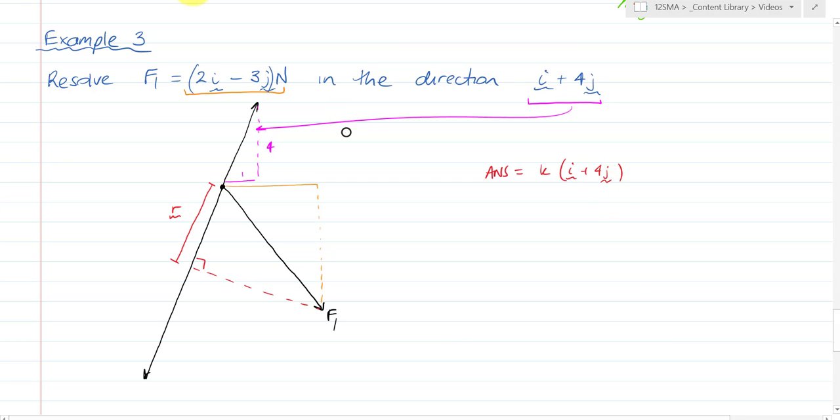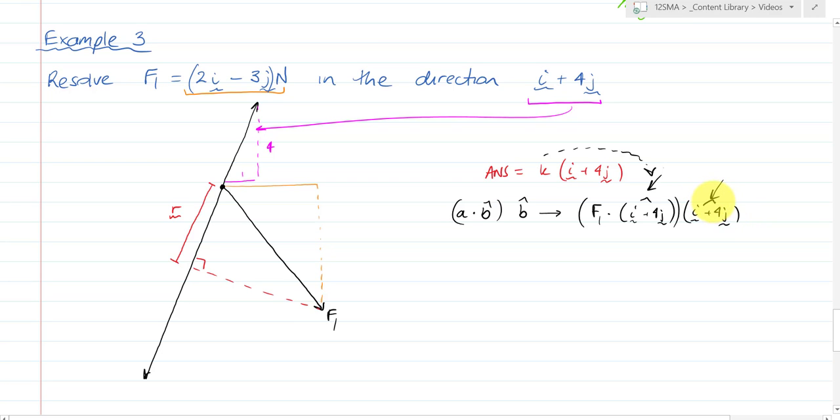There are a few different projection formulas, but here's one from the formula sheet. If we're projecting a onto b, then the projection of a on b is a dot b hat, times b hat, which is the unit vector. In this case, that's F1 dot i plus 4j hat, times i plus 4j as a vector. This dot product will give us a scalar, which will represent our k, and then this will be our overall resultant force.